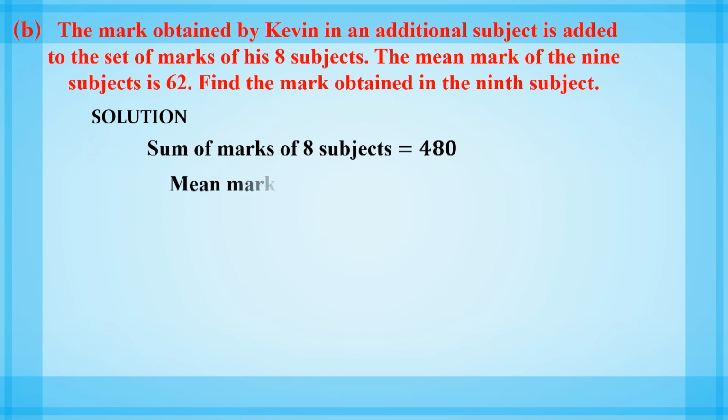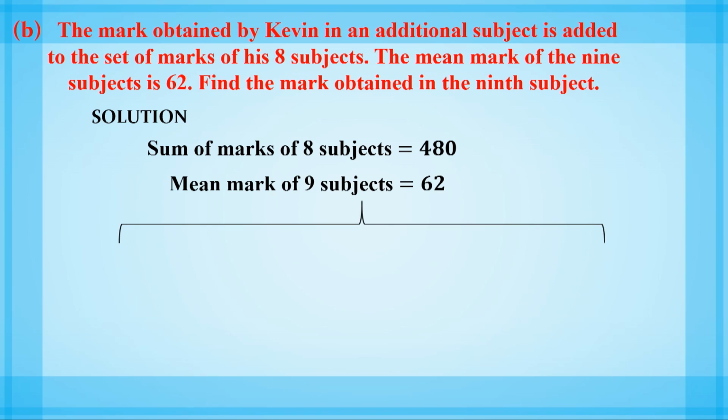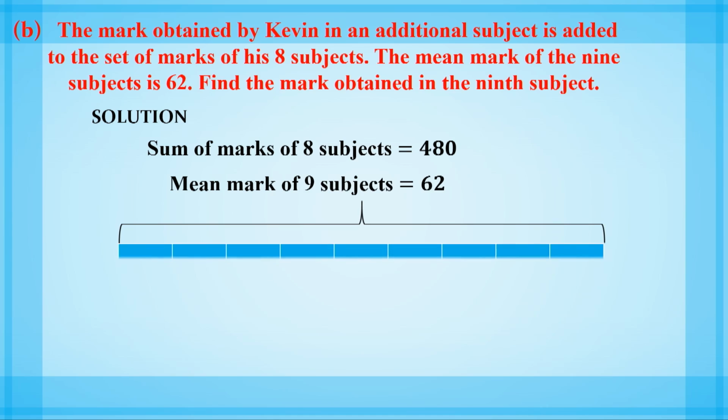We are given here the mean mark of 9 subjects is equal to 62, implying if Kevin had scored equal marks in all of his 9 subjects, then the mark in each subject would have been 62.